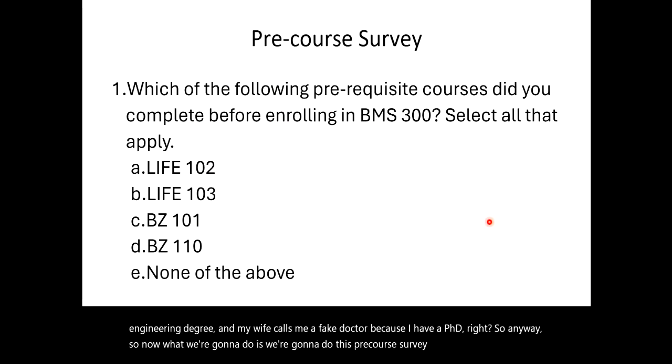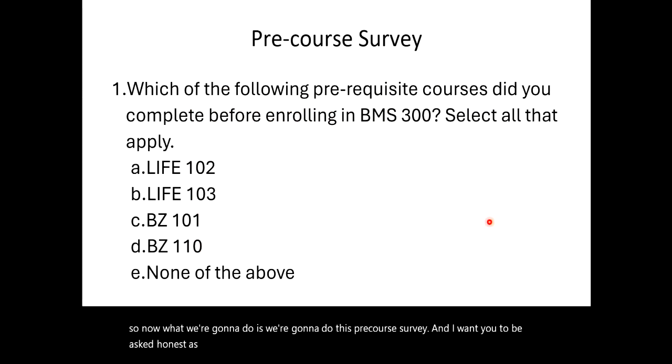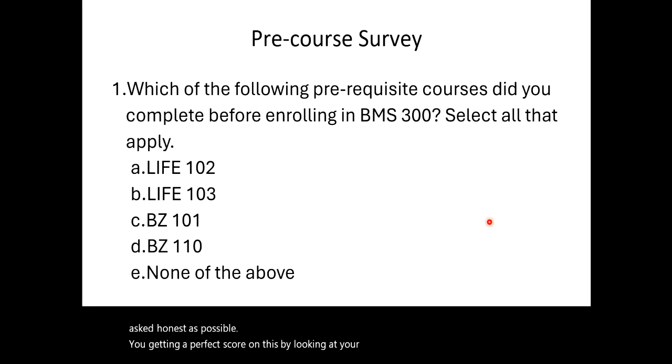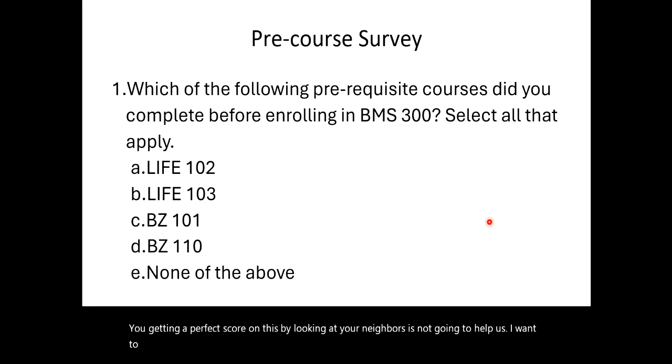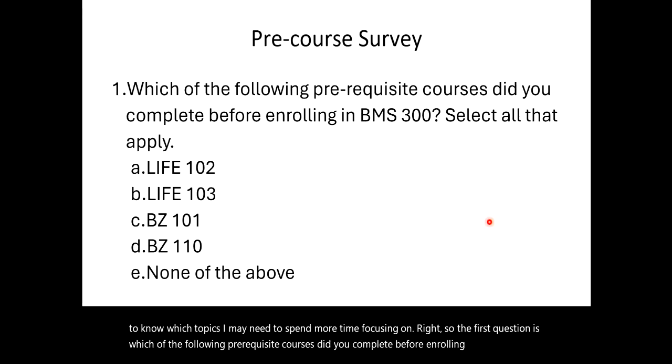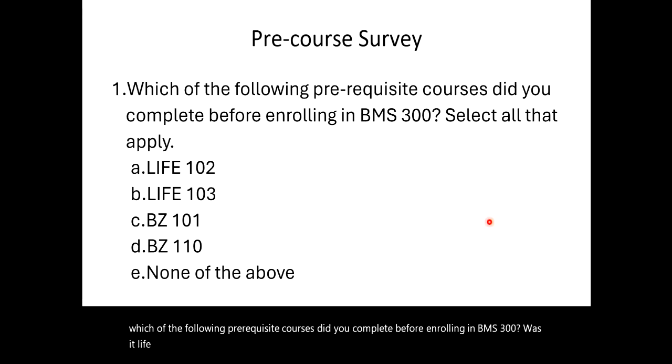I want you to be as honest as possible, all right? Getting a perfect score on this by looking at your neighbors is not going to help us. I want to know which topics I may need to spend more time focusing on. The first question is, which of the following prerequisite courses did you complete before enrolling in BMS 300? Was it Life 102, Life 103, BZ 101, or BZ 110?